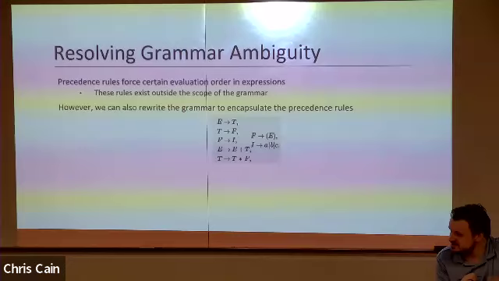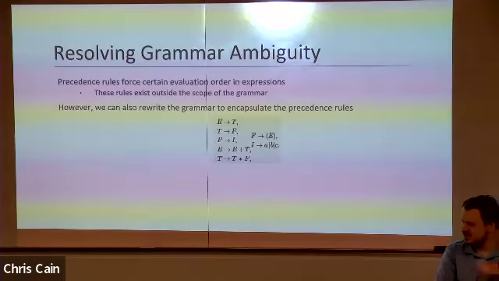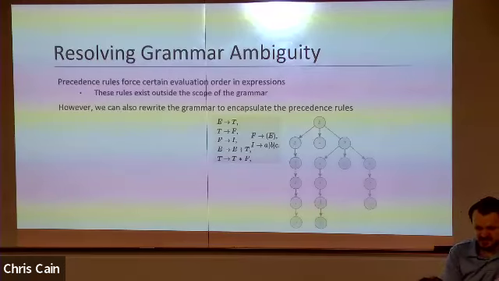Find a parse tree. I think you all are in the process of generating this. I see this in one person's.